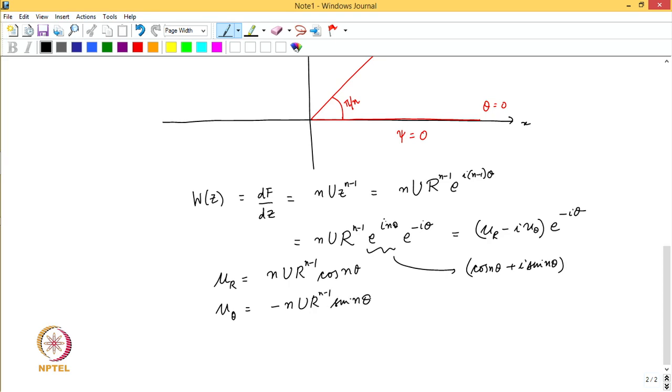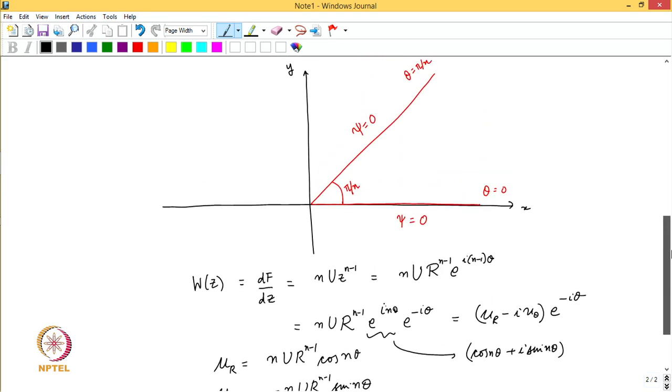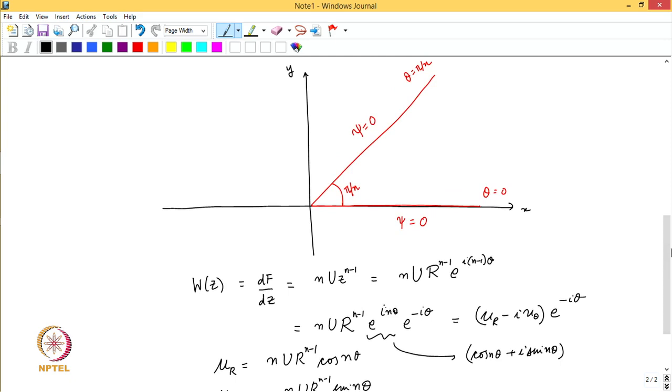n theta. Now, note that I said theta is between 0 and pi by n, at least for now, where we have the dividing streamline. The word dividing is in fact a misnomer here, but you know that if you go along this path there cannot be any mass exchange, because a streamline is one where the velocity vector is always tangent to it.